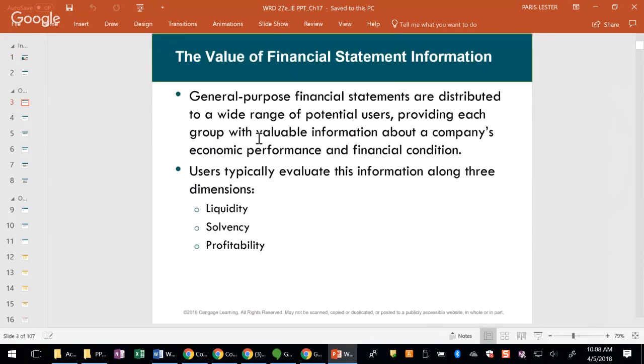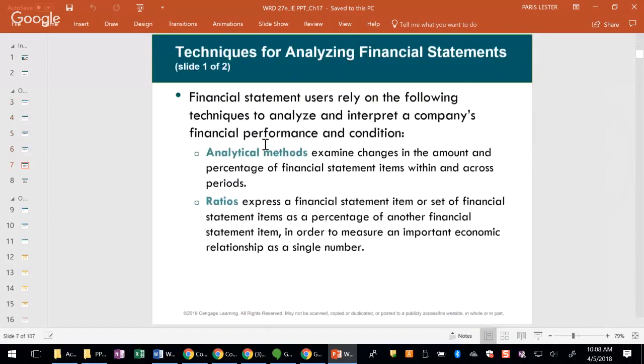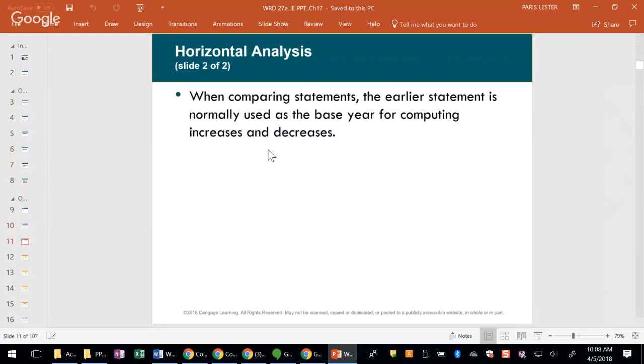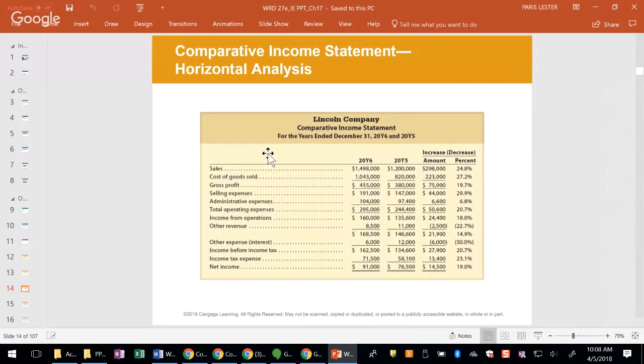Okay, and this is financial statement analysis. And real quickly, we have common size statements. We compare, but on this chapter, chapter 17, I'm going to let you use a page of ratios. I think it's ratios, yeah.